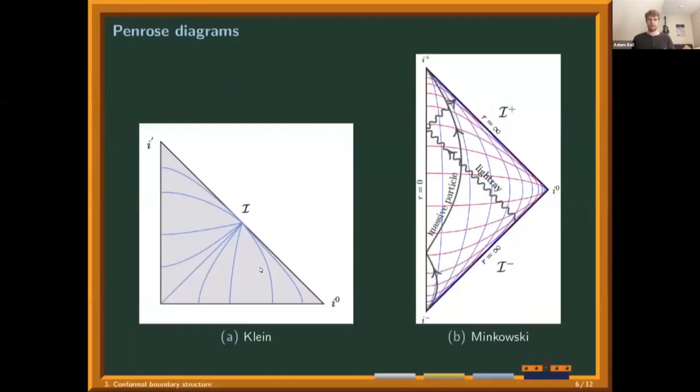Yeah, so let's compare and contrast Penrose diagrams here. As usual, radial light rays travel at 45 degrees. That's true on both of these diagrams. Then it should also be familiar that the left edge from the Minkowski diagram is not actually part of the conformal boundaries. Similarly, the left edge for this Klein diagram is just the spatial origin.